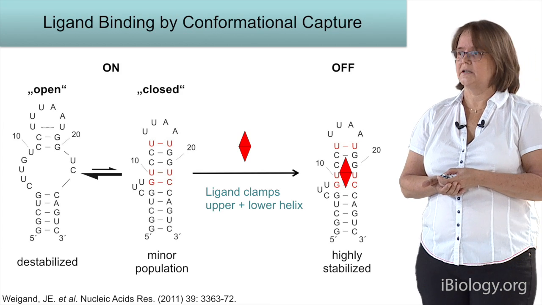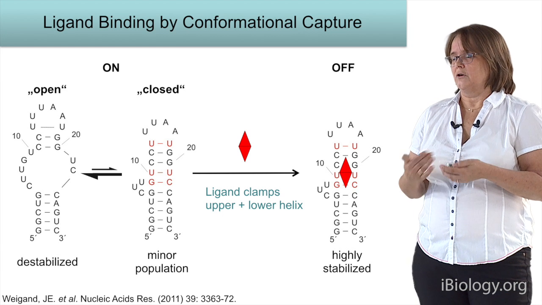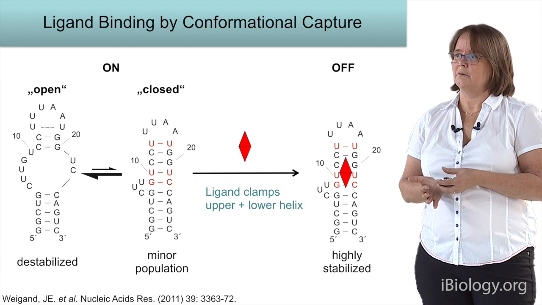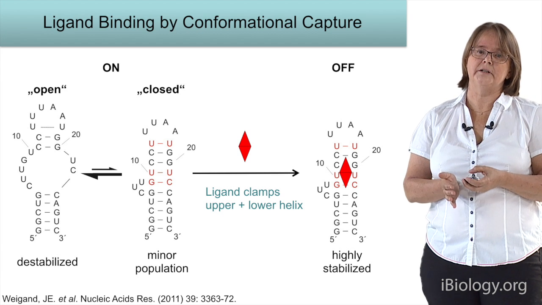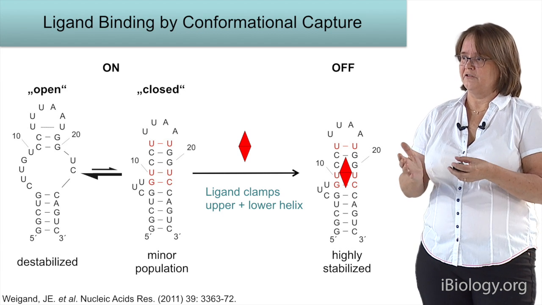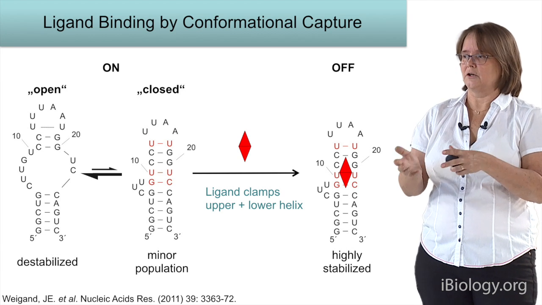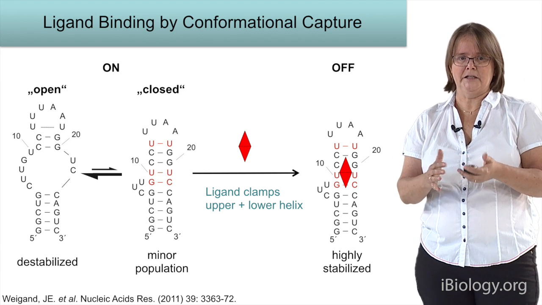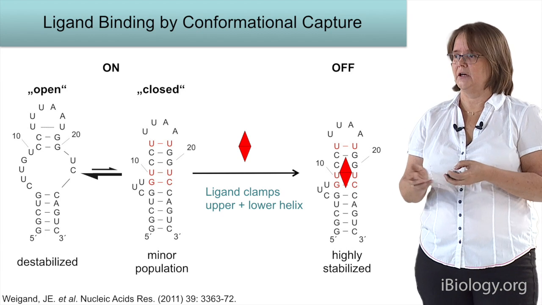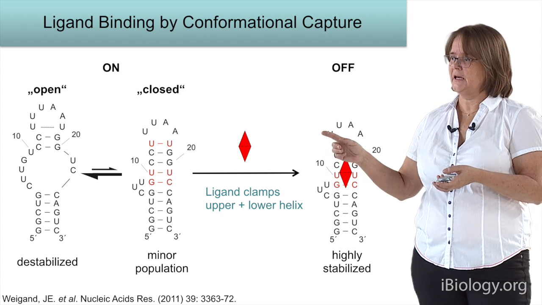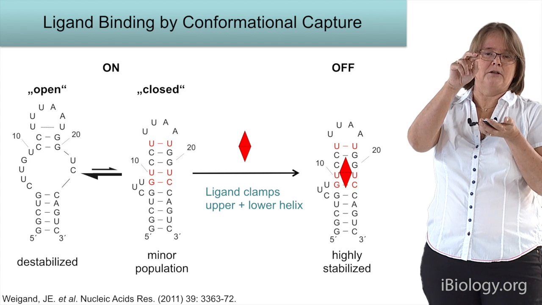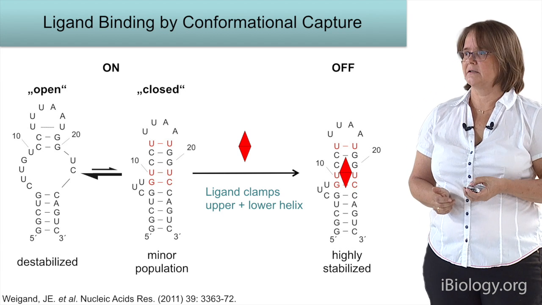So we think, or after a further analysis of this mechanism, we could show that we have in the ligand-free state a kind of dynamic ensemble of an open and a closed state in an equilibrium, and then the ligand comes and binds the preformed closed state and stabilizes it like a clamp, which holds the upper and the lower part of this helix together.